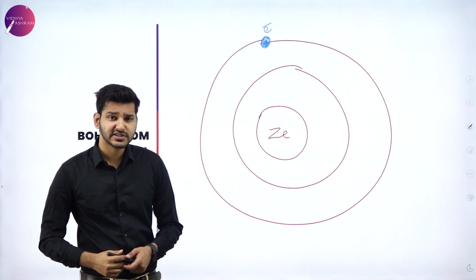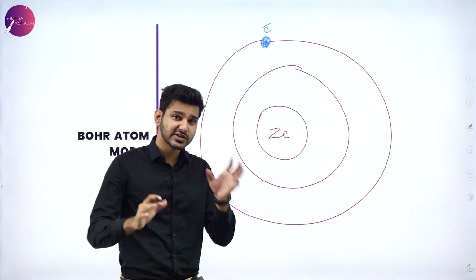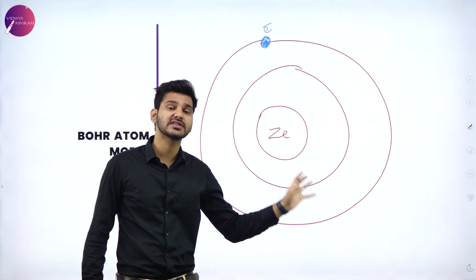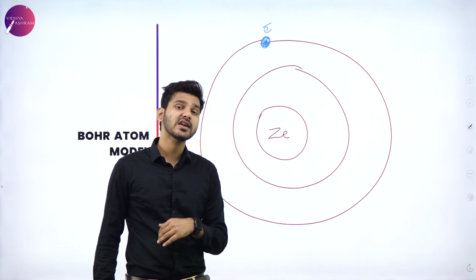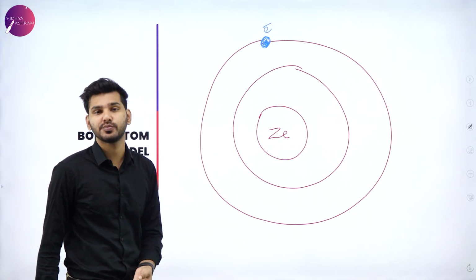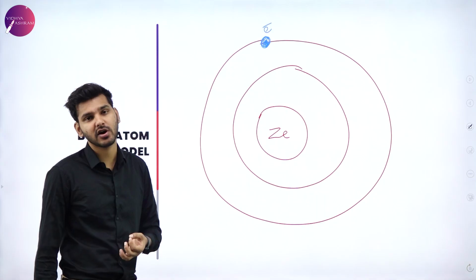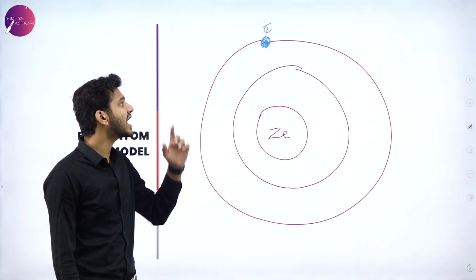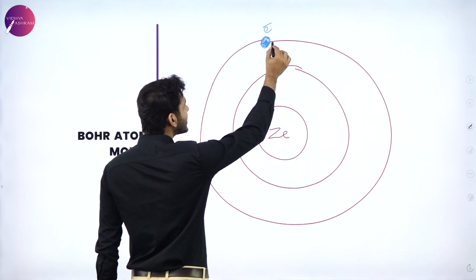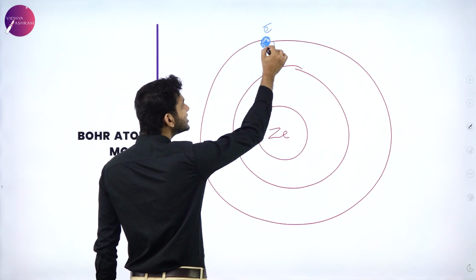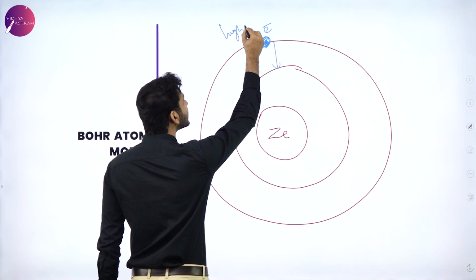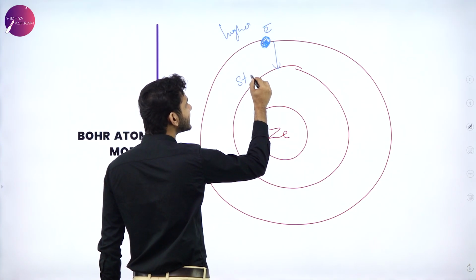So again, the assumptions of Niels Bohr are very simple. He assumed that around the nucleus, in fixed stationary orbits, the electrons can revolve having an angular momentum of mvr, which is equal to nh by 2 pi. It should be an integral multiple of h by 2 pi. And they can only radiate energy when this particular electron jumps from a higher state to a lower state.